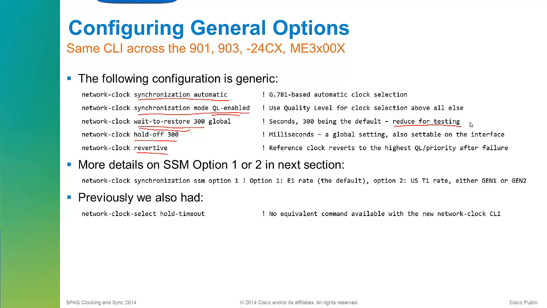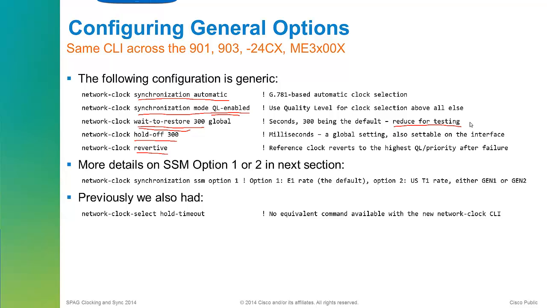So normally for testing you set that down to 5 or 10 or 15 seconds, so that when you change the quality level of an input clock, or you take an interface to a reference down and it changes clock, it does it within a few seconds and you don't have to wait 5 minutes for it. So I've actually had calls from people who have been doing testing and can't understand why they changed something and nothing happened, and the reason is because the wait to restore timer hadn't gone off.